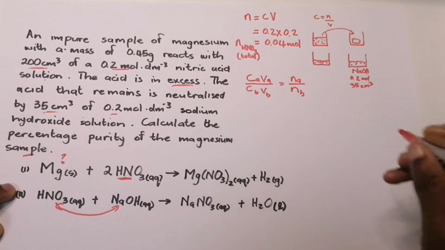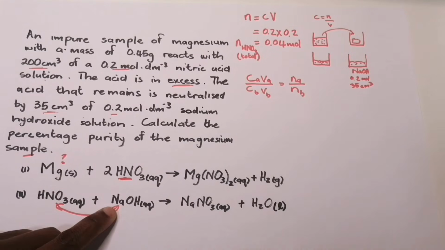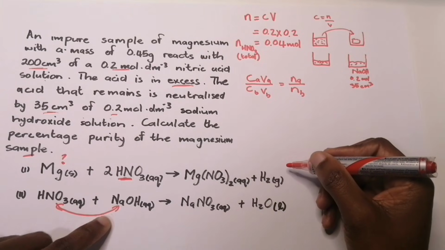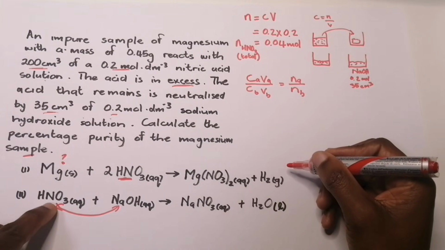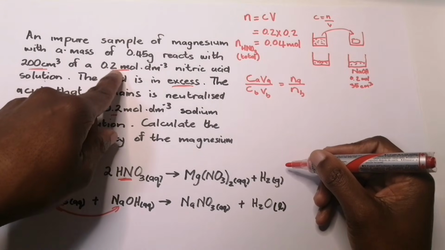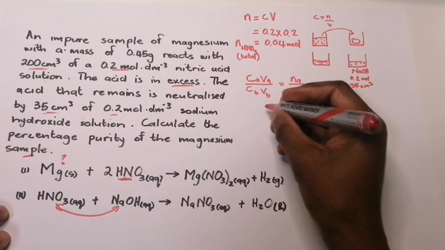Remember, this is an acid-base reaction. I know the concentration and the volume of my base, sodium hydroxide. I know the concentration of the acid. Where do I know the concentration of the acid from? It was given to me initially.